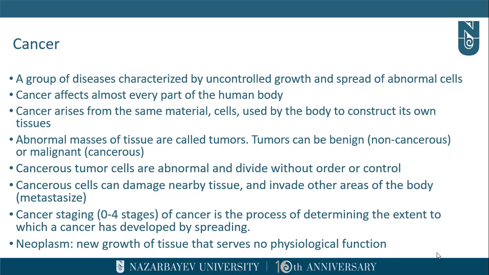First, it's tumors. We call tumors when we see masses of tissues that are abnormal. And these tumors can be either non-cancerous or cancerous, so they can be either benign or malignant.